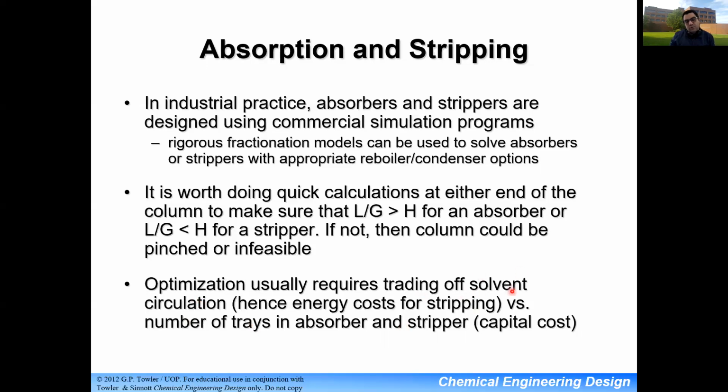So most of the research in this area focuses on the nature of the solvent, the molecular structure of the solvent, how quickly it can eat up this gas, in addition to the internal design. How do I maximize the contact between the gas and the liquid, to try and offset this trade-off?